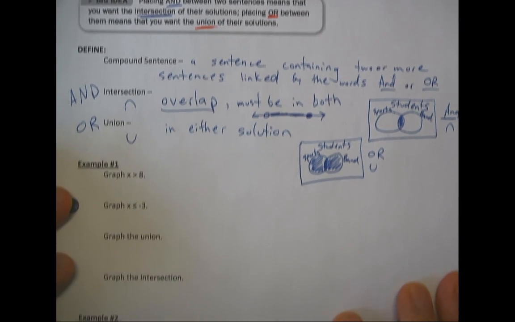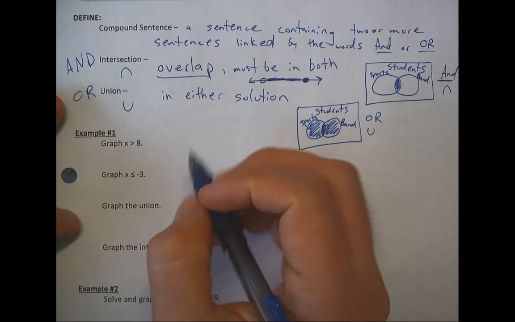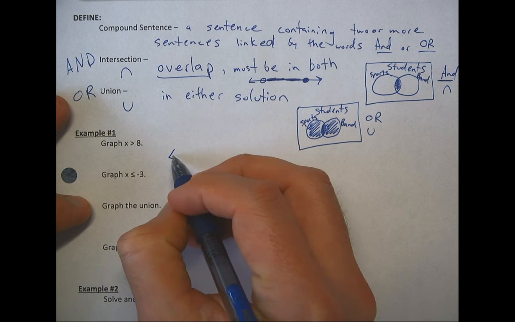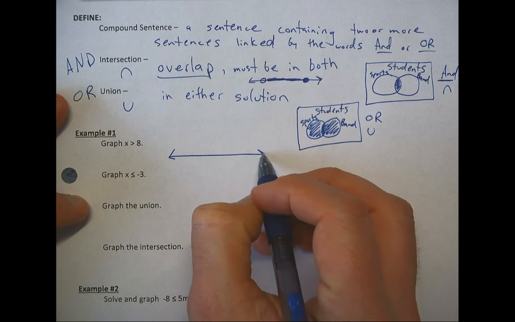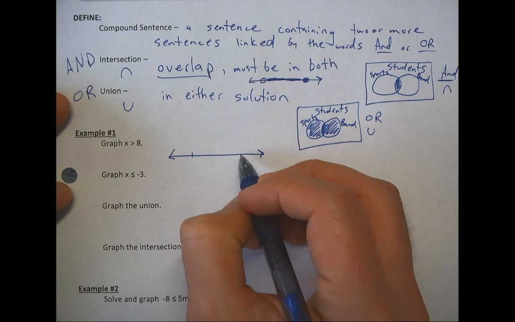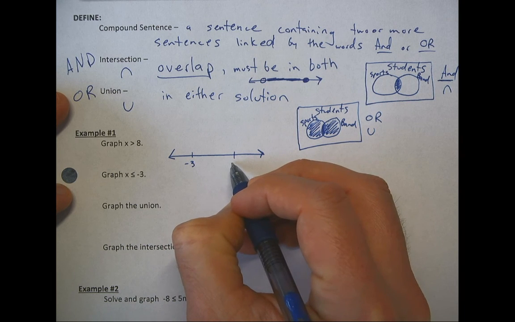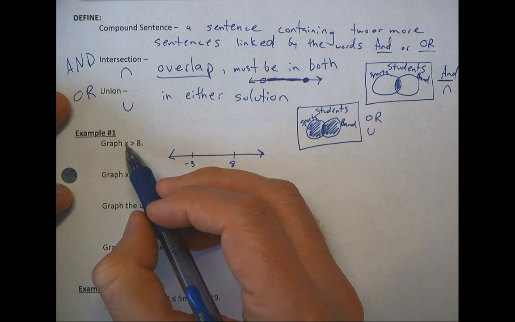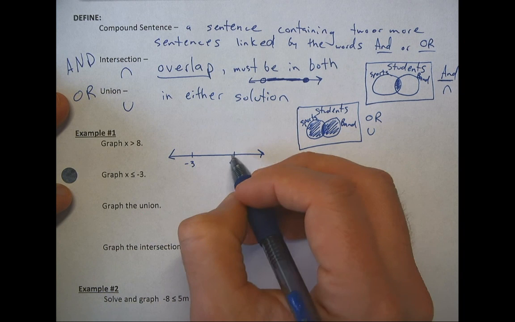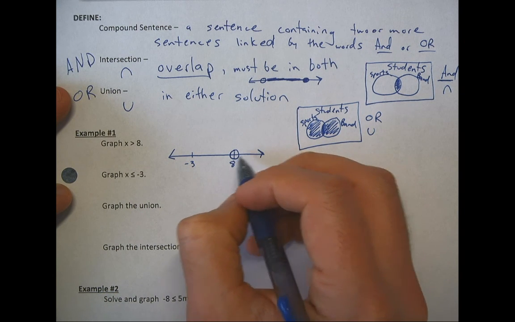Mathematically now, what is this going to look like? Example number 1, we're going to graph x is greater than 8. And we're going to be graphing x as -3 as well. Let's put both of these points on our graph. -3 down here, +8 up here. If we're graphing x is greater than 8, it's going to be an open circle on 8 because it's not included.